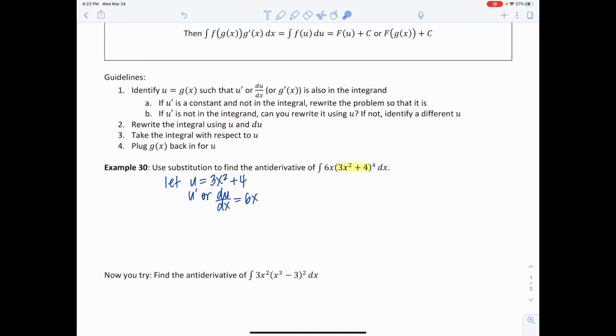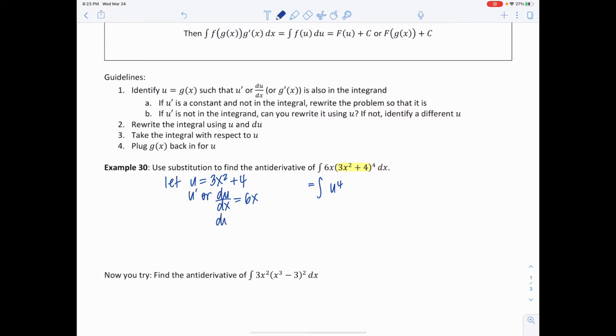Okay, so I'm going to rewrite the integral using u and du. So this integral is u to the 4th and 6x dx, that's what du is.